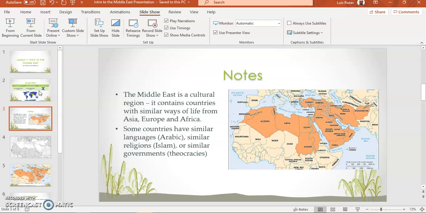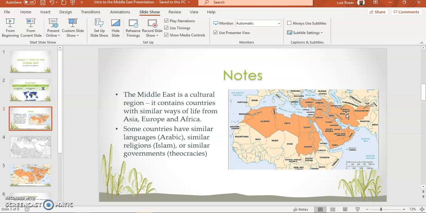So the Middle East is a cultural region. It contains countries with similar ways of life from Asia, Europe, and Africa. Now, what we mean by cultural region is that the countries in this area that's a little bit darker, they share similar ways of life.